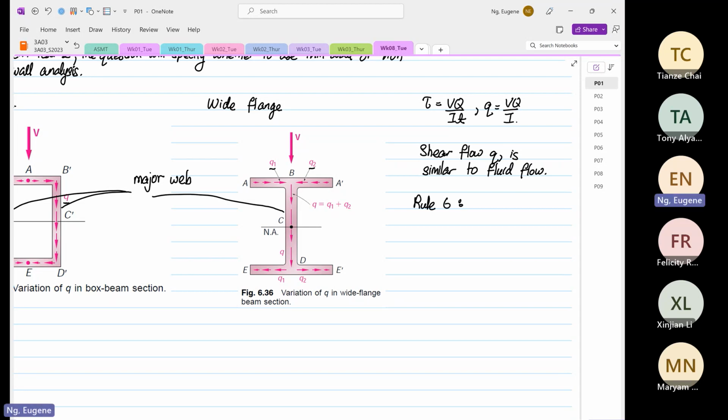Okay, rule number 6 is the major web controls the direction of the shear flow q.